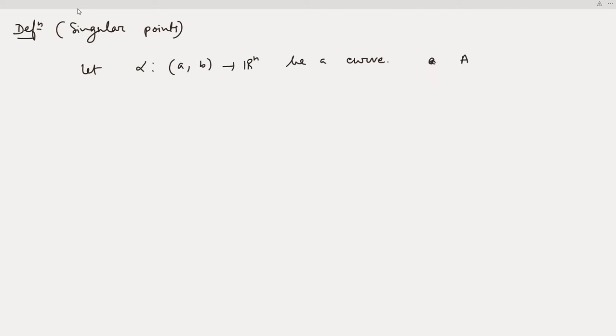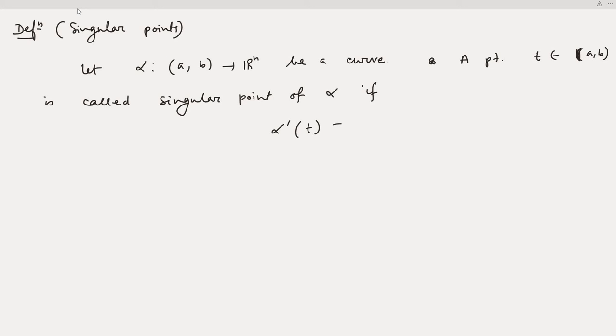A point t belonging to the domain, the open interval (a, b), is called a singular point of alpha if alpha prime at the point t is equal to 0. Okay, and such curves are called bad curves.